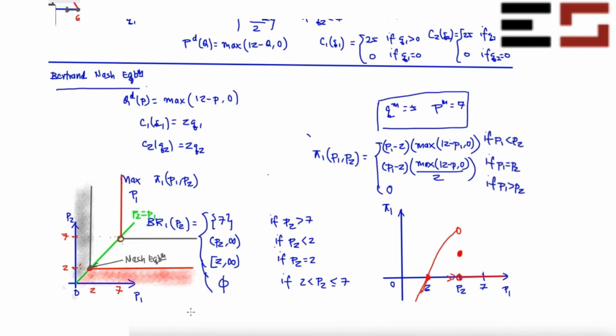I mean, in this particular problem, don't generalize it. In this particular problem, it turns out that the Nash equilibrium is P1, P2 equal to (2, 2), and both firms make zero profit in this. Is this fine?